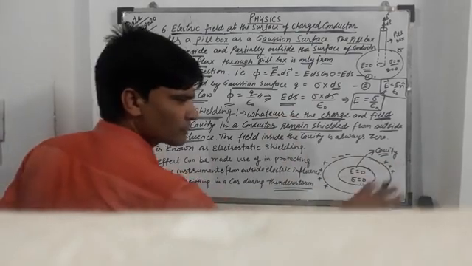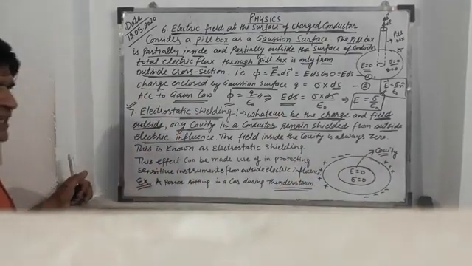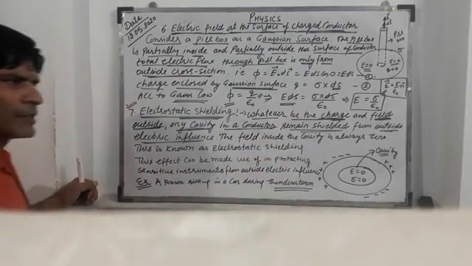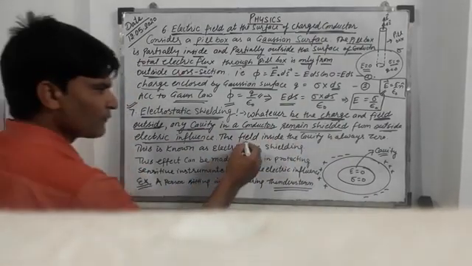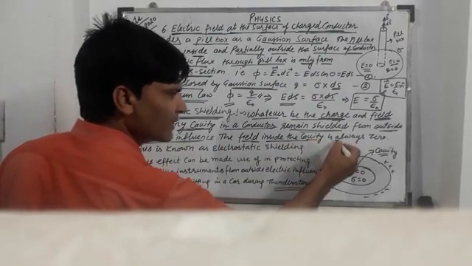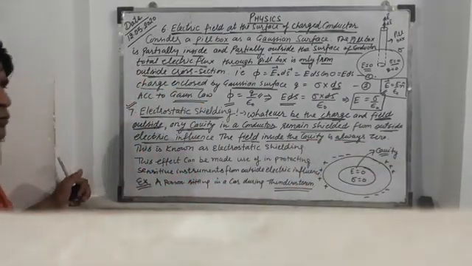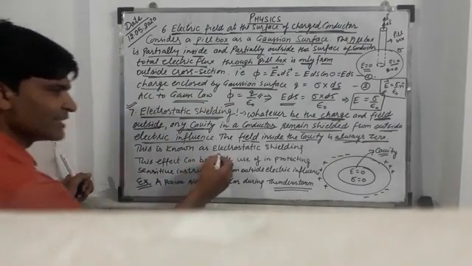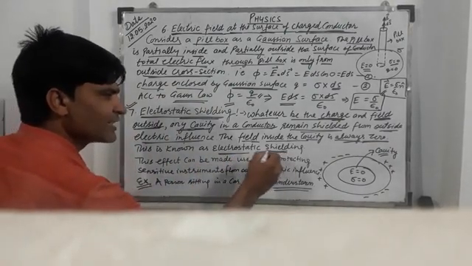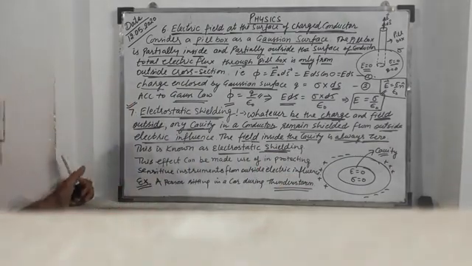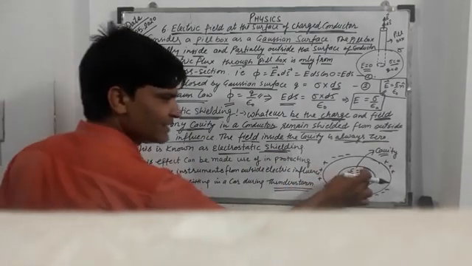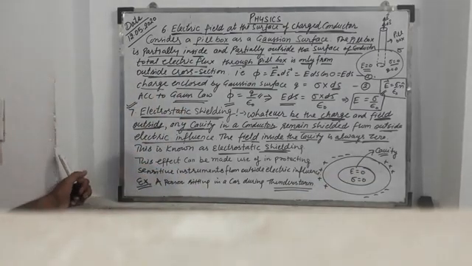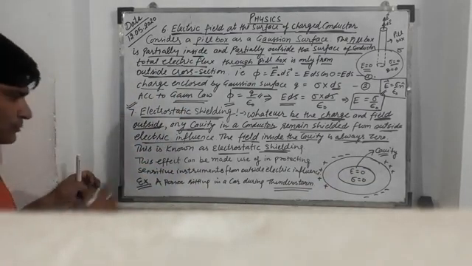The field inside the cavity is always 0. This is known as electrostatic shielding. Always in a cavity, the electric field is 0 and the charge density is 0.